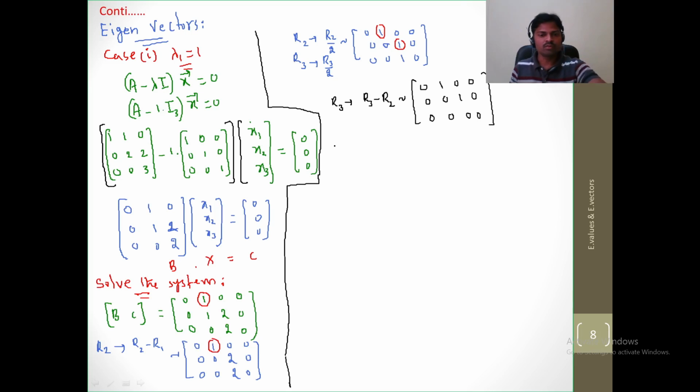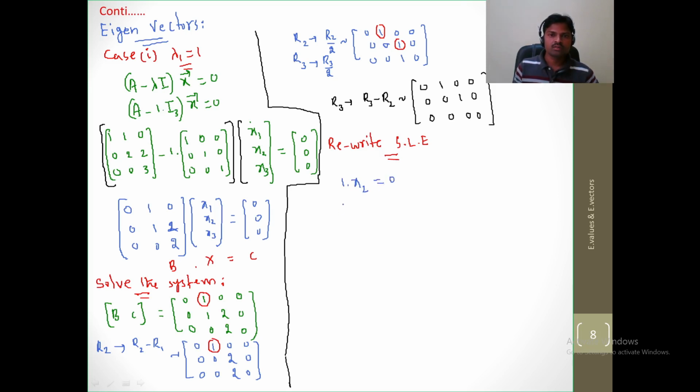Now next, what to do? Rewrite the system of linear equations, because it is in reduced echelon form. What do we get? 1 into x2 is equal to 0.